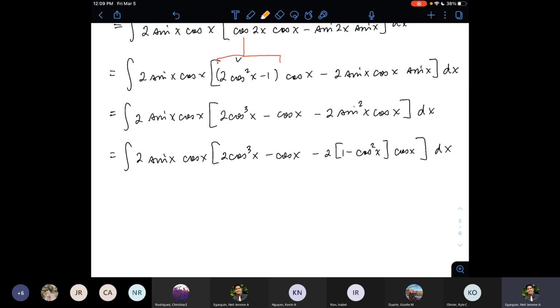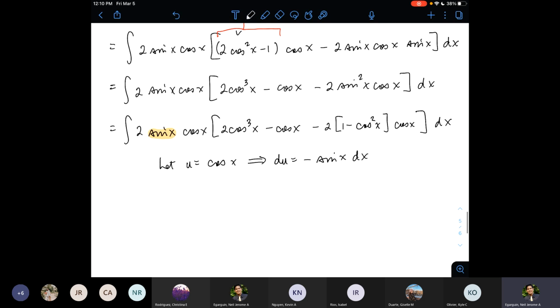So now it means that the only sine that remained is that single sine x that I am reserving for the du, okay? So that means here I can let u be equal to cosine x, and that will require a negative sine x dx for the du.